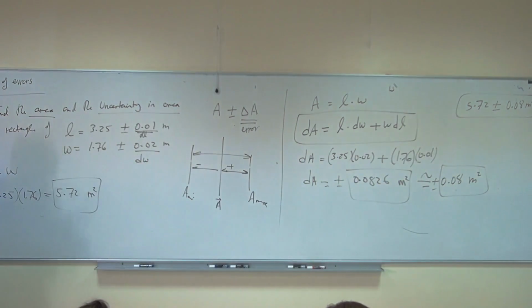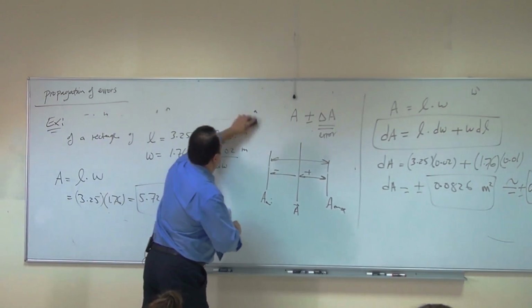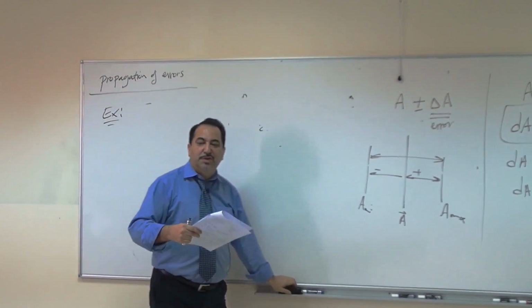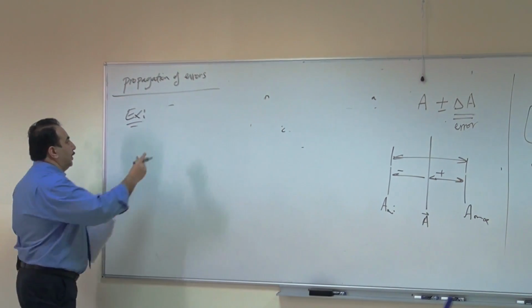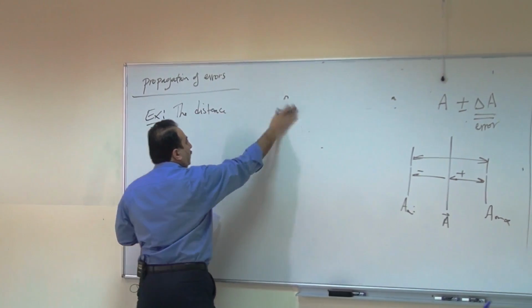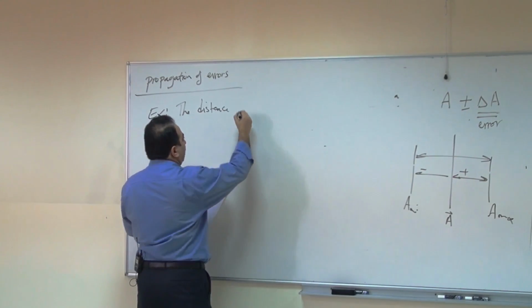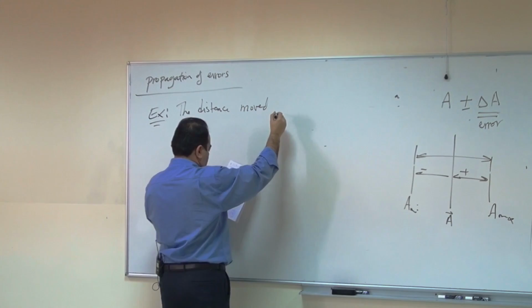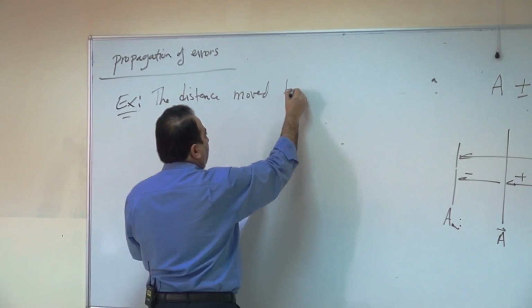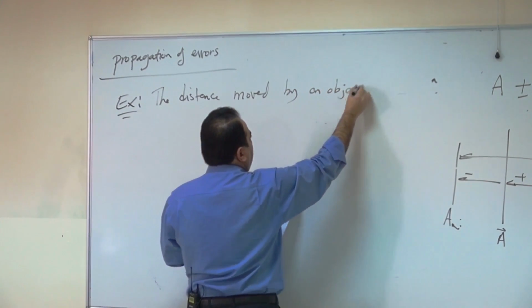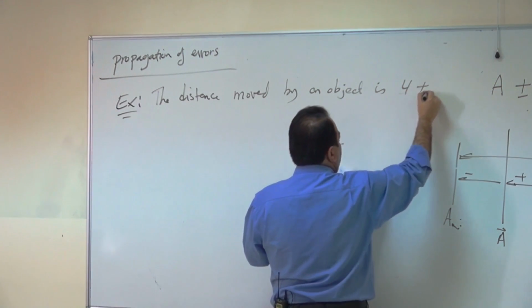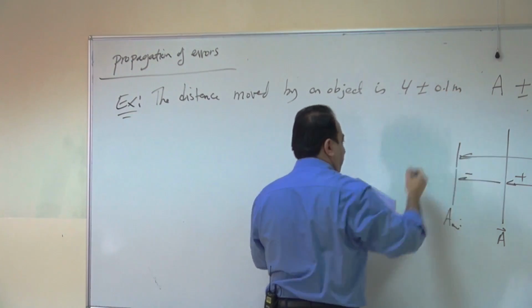Another example. This time we take a question of physics. The distance moved by an object is 4 plus minus 0.1 meter.